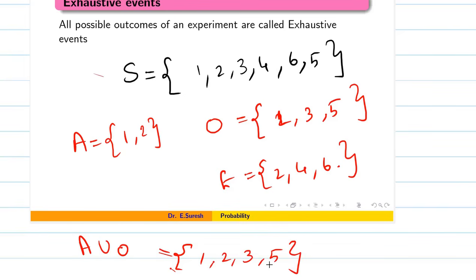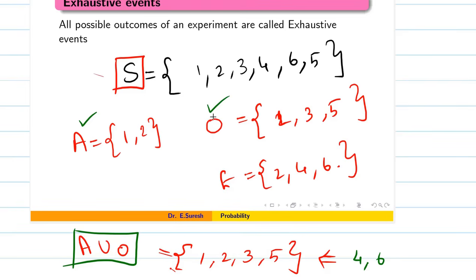Now I cannot say this is exhaustive. What is the reason? Because in my original sample space I have 6 elements, and here 4 is missing and 6 is missing. So I cannot say A and O are exhaustive events because they are not covering the whole set.